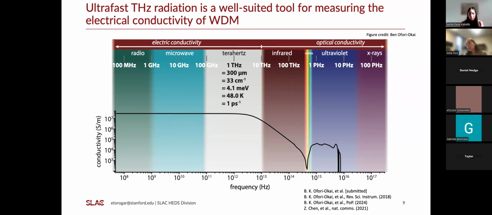However, when you start going to shorter timescale waves, such as the infrared, you're going to start seeing other physical effects that are introduced by the wave. So you're going to have measurements that are not as stable, and this is not what we want. Therefore, we concentrate on using this terahertz radiation to measure the conductivity of the sample.